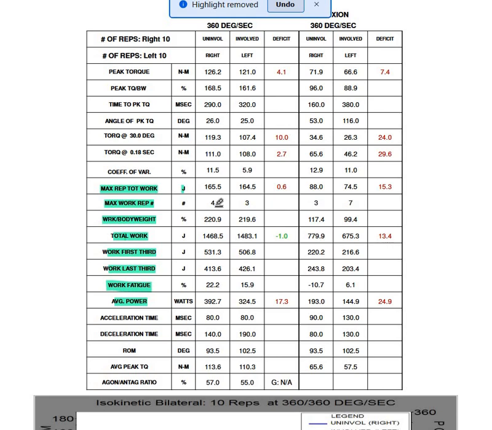So this was a 360-degree isokinetic test in which the participant performed 10 repetitions. So max work was achieved on repetition 4, repetition 3, here for the left leg both during extension, and for flexion it was repetition 3 here and repetition 7.